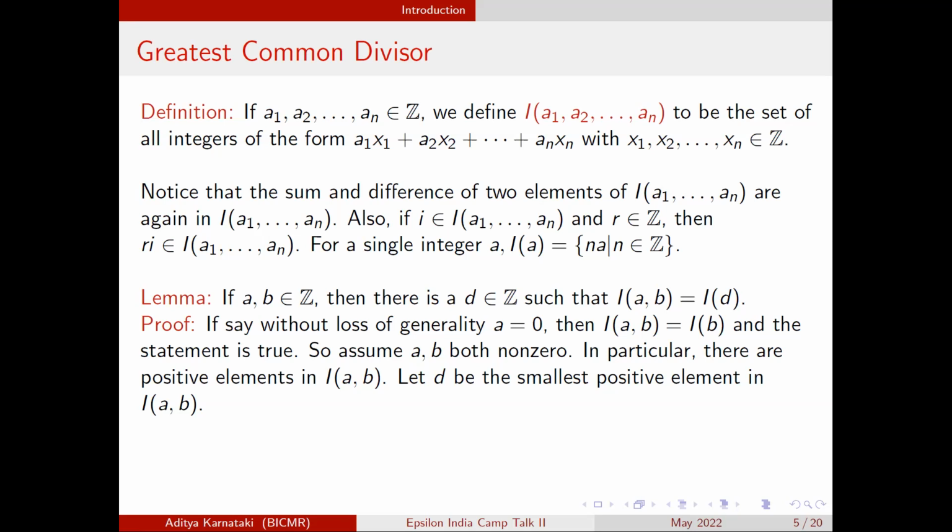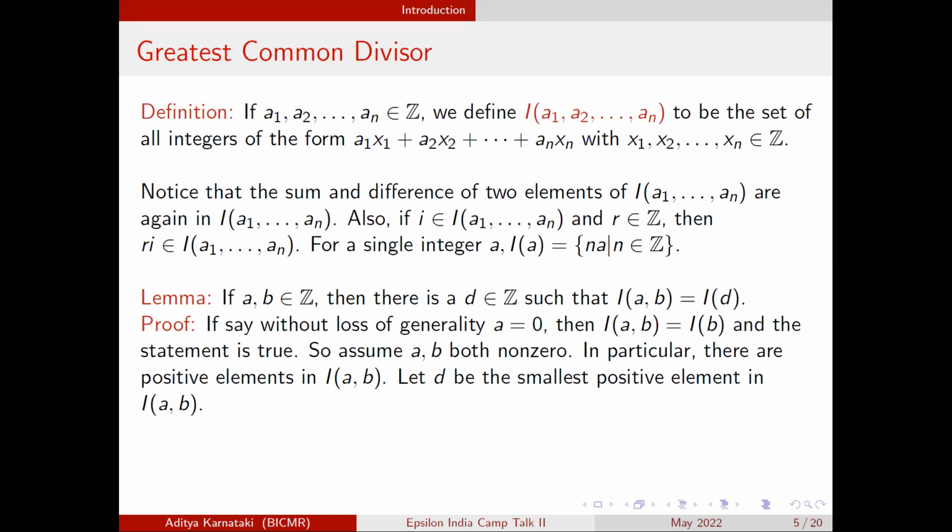Like you might say, just choose the smallest positive element somewhere, and then there are no positive elements. How can you ever choose one? The last step was just to make sure that there are positive elements here. This sort of rigor is really necessary in mathematics in various places. You may not see that much in your school level mathematics, but when you see these kinds of things, you have to be very careful.